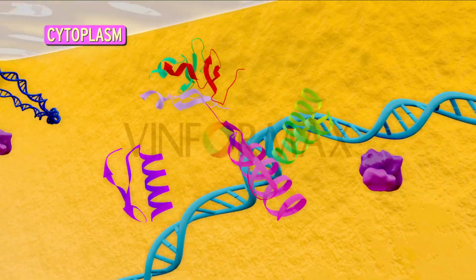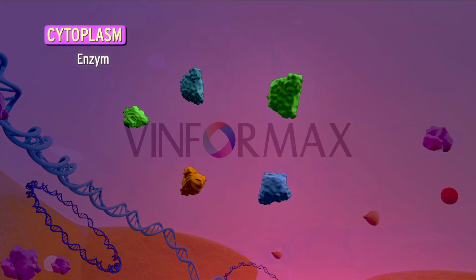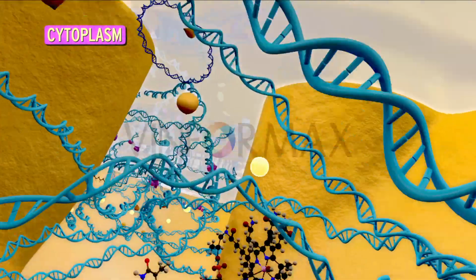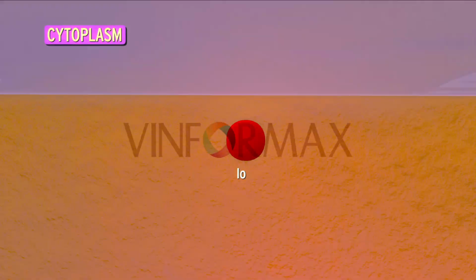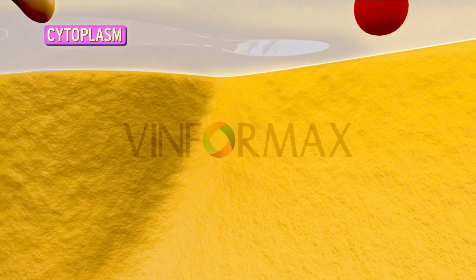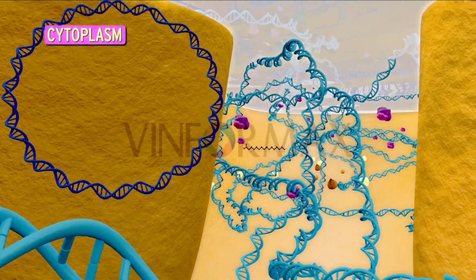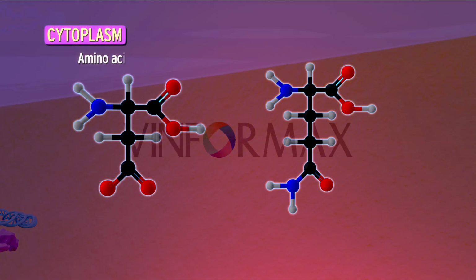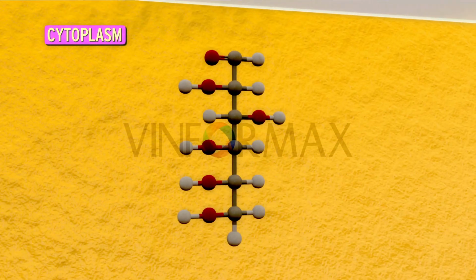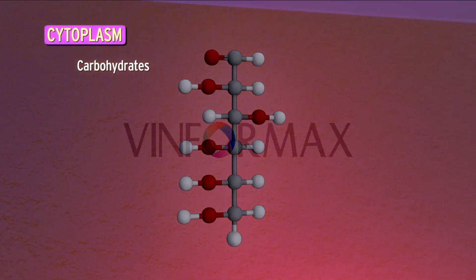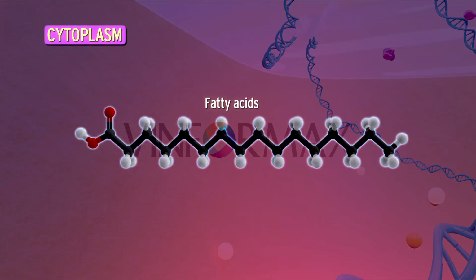Constituents of cytoplasm include proteins, including enzymes, vitamins, ions, nucleic acids and their precursors, amino acids and their precursors, carbohydrates and their derivatives, fatty acids and their derivatives.